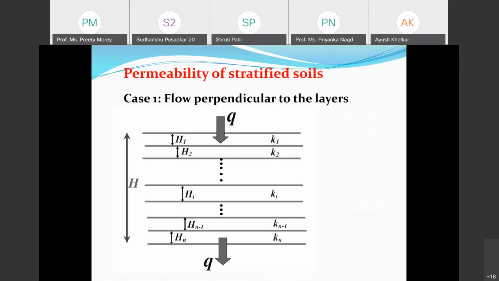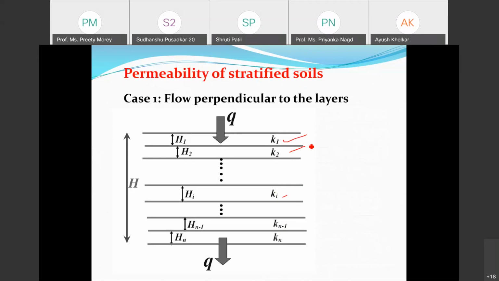For our purposes, we assume uniform permeability, but it is not so. If you have a layered soil and each layer has a different permeability, what is the average permeability of this soil? To identify it, there are two approaches defined.